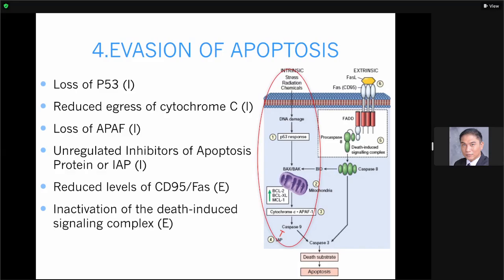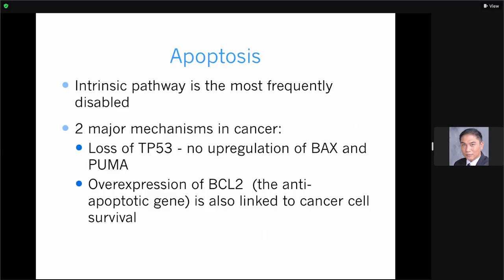Compared with extrinsic pathway, so dalawa lang yung kanyang processes na involved to evade apoptosis. First is reduced level of CD95 or FAS. And second is inactivation of death-induced signaling complex. So of all the processes, intrinsic pathway is the most common sa dalawang pathway.